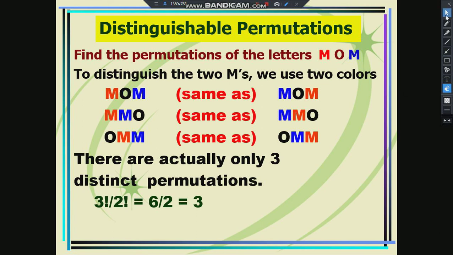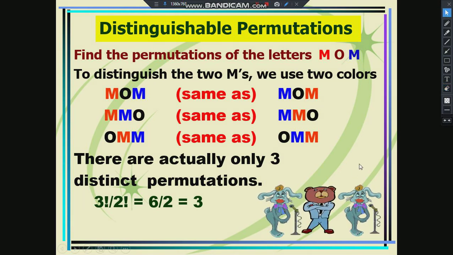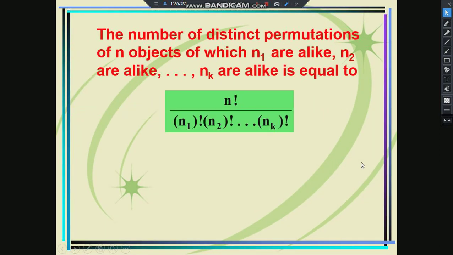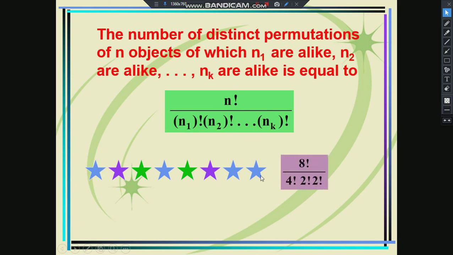Some more examples for this one. We have here 8 stars. Ilan yung kulay? 2. We have 4. 1, 2, 3, 4. So, all over 4 factorial. Ilan yung kulay green? 2.